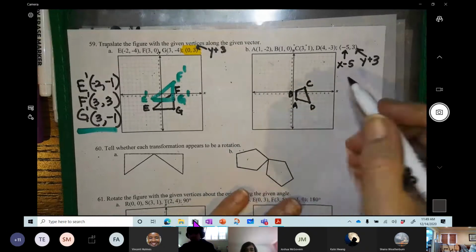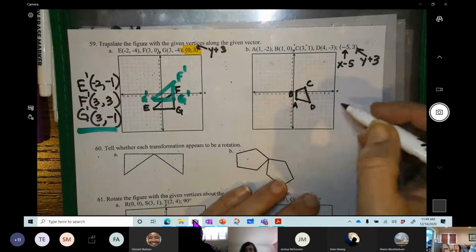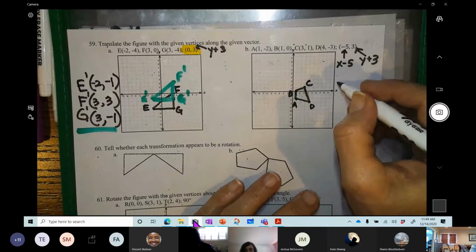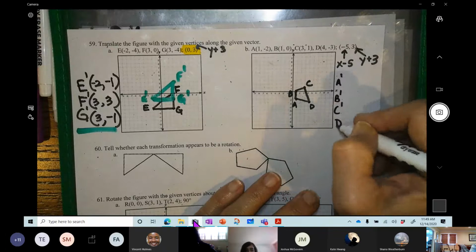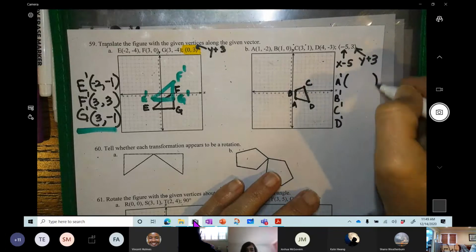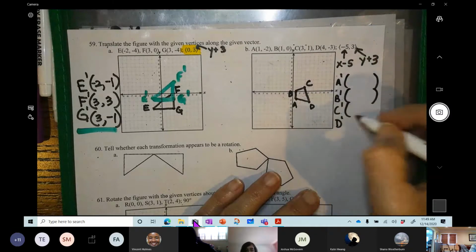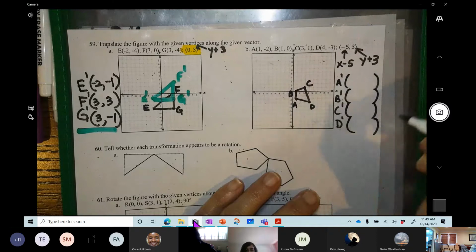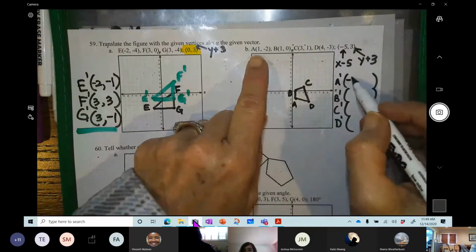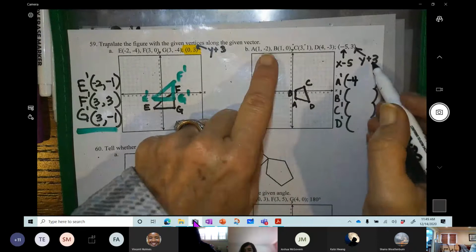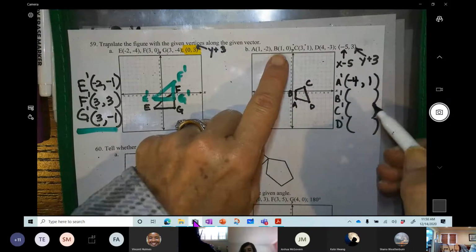I just like to write the points because for me it's easier. But if I do A prime, B prime, C prime, D prime, you know I'm going to get 4 points here. So 1 minus 5 is -4, and -2 plus 3 is 1.